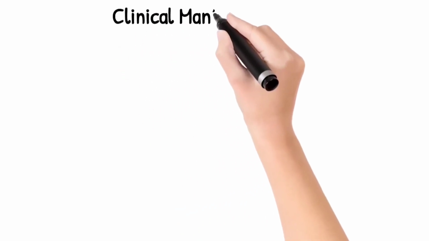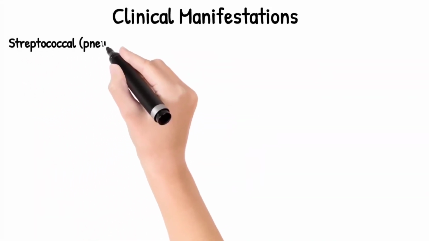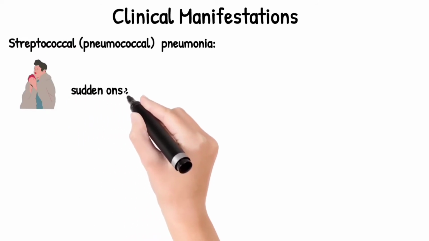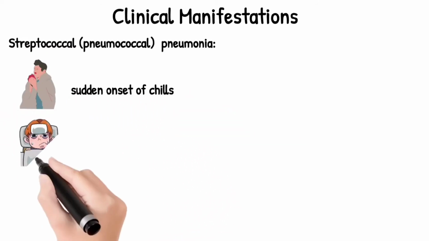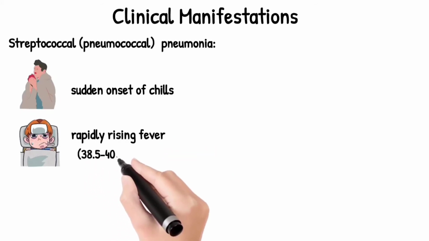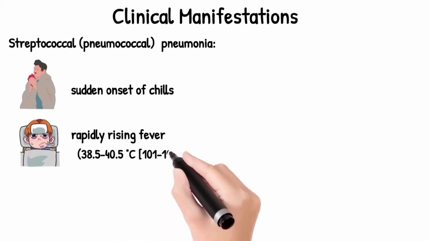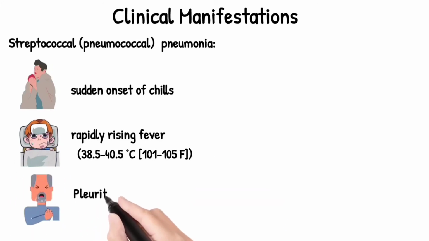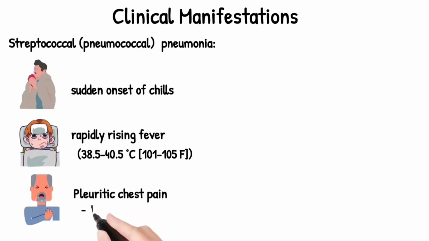For the clinical manifestations, patients with streptococcal pneumococcal pneumonia usually have a sudden onset of chills, rapidly rising fever of about 38.5 to 40.5 degrees Celsius, pleuritic chest pain that is aggravated by deep breathing and coughing.